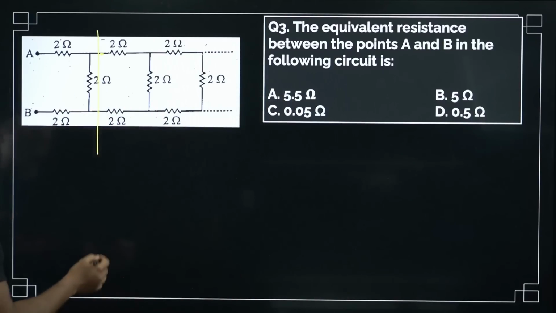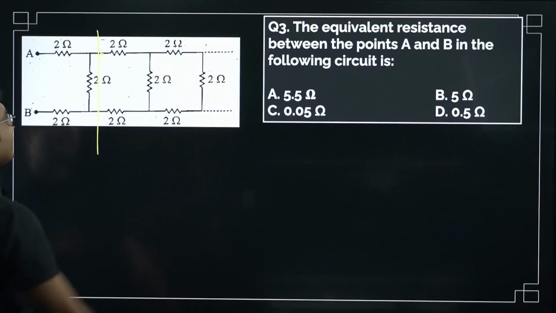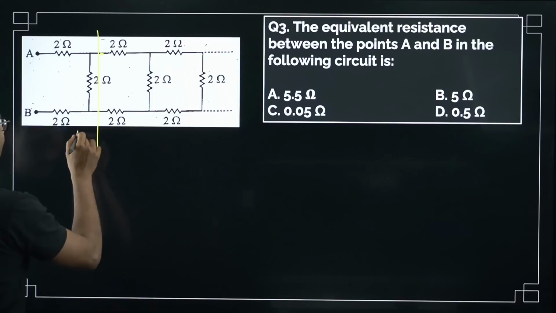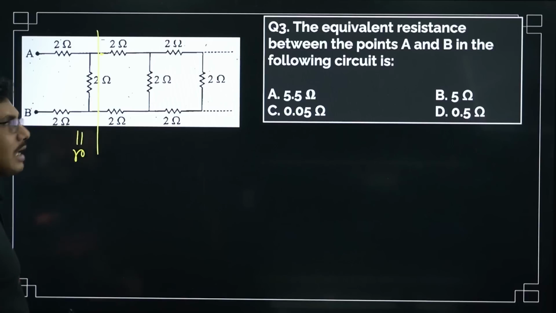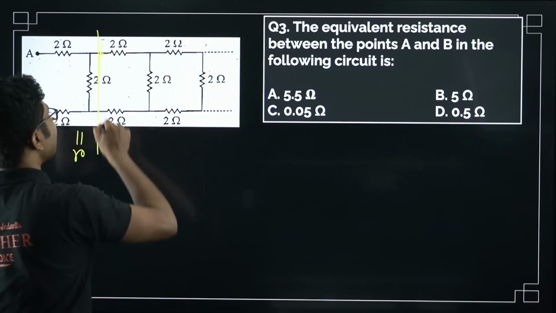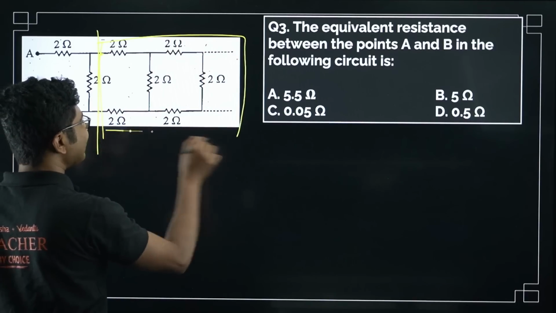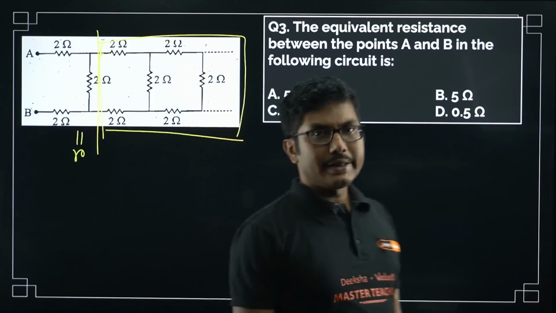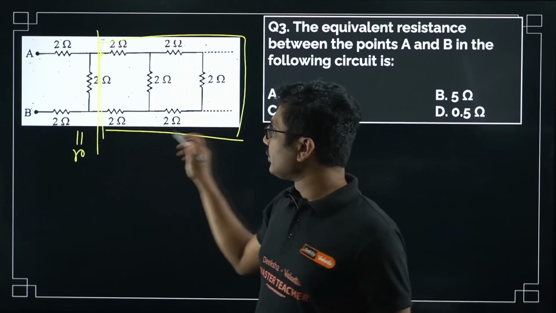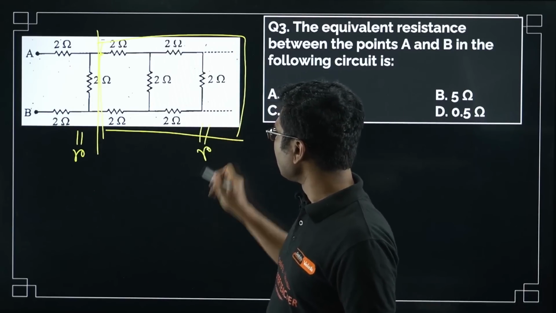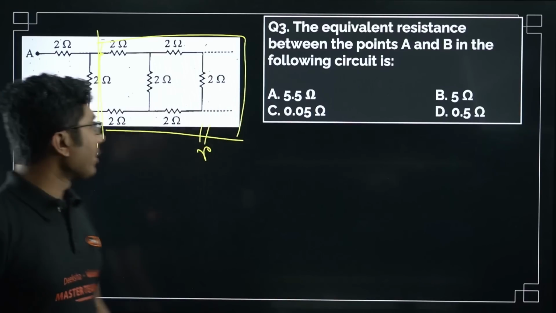So basically what we can say is that if the equivalent resistance of the entire circuit is equal to, say, small r, then the equivalent resistance of this portion of the circuit, which is exactly the same as the original circuit, will also be small r. That is the important part you have to understand.